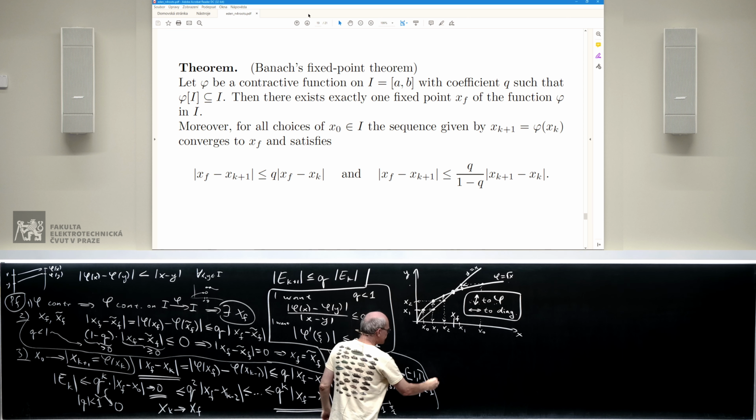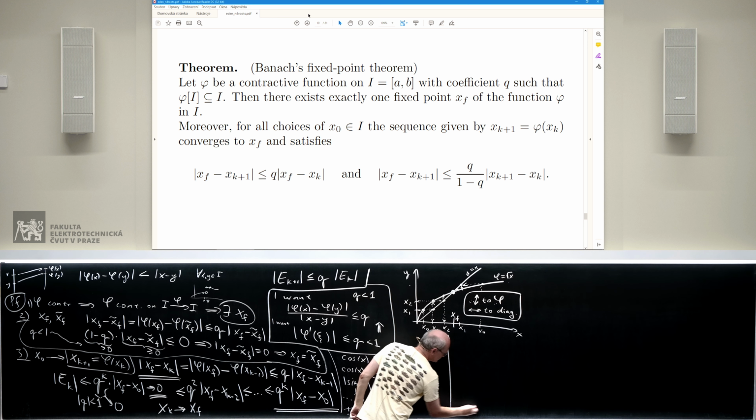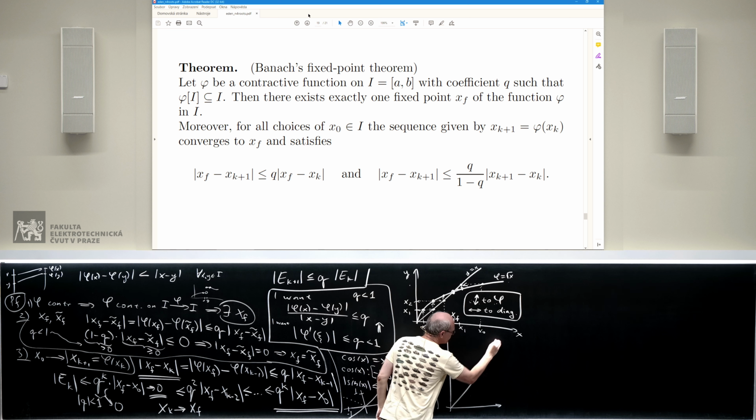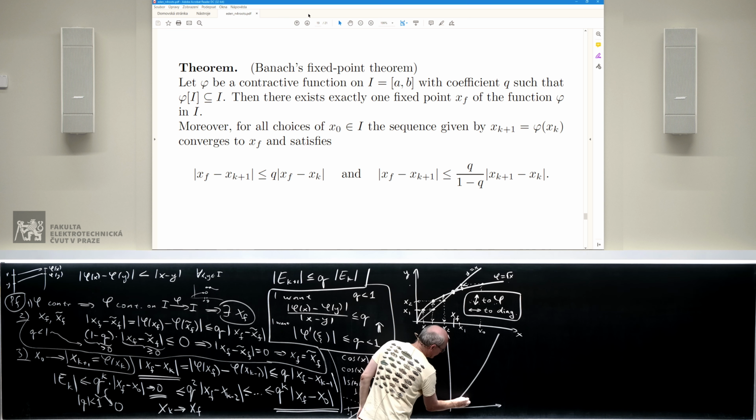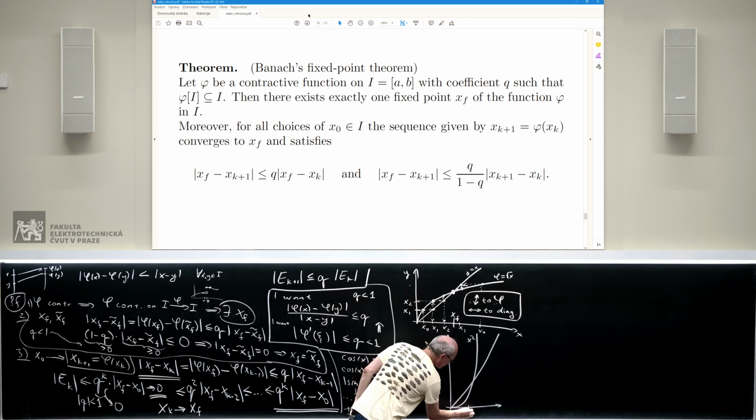Let's compare it with the situation for x squared. Here is the diagonal, and here is x squared. How does it work here? Well, we choose some starting value, x0.